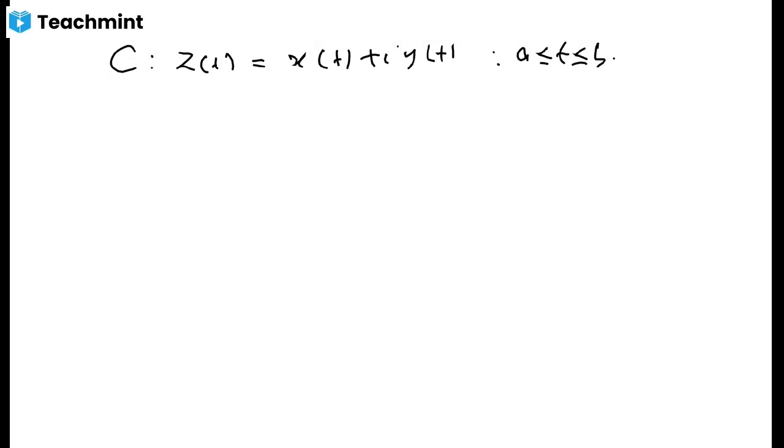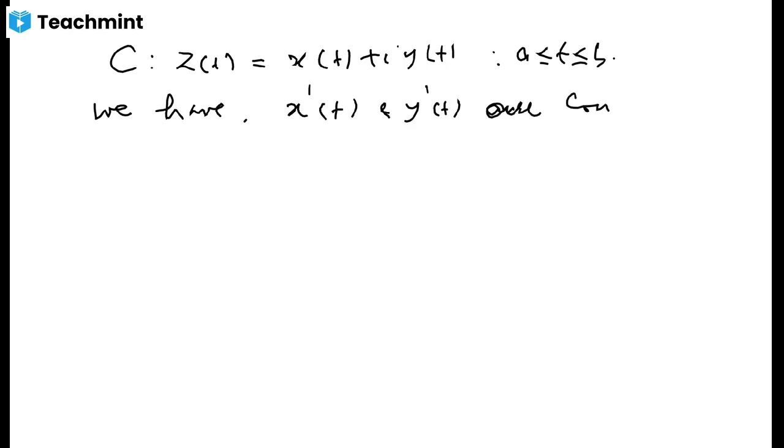When I say this is a smooth function, it means the derivative of x exists and the derivative of y also exists, and they not only exist, they are continuous. When the derivatives of x and y exist, we say that the derivative of z exists.